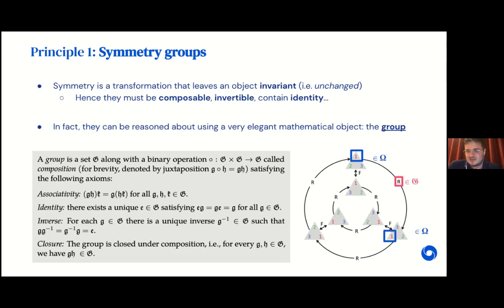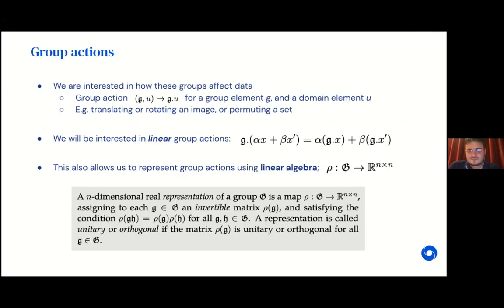So in this particular case, the individual nodes of a triangle are elements of my triangle domain, and the rotation operation or the flip operation is an element of my symmetry group. This is trying to link back the different concepts to the setup of the group theoretic description we're going to use.